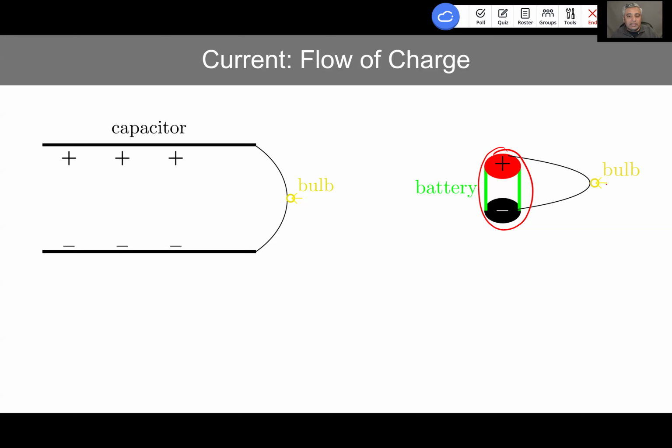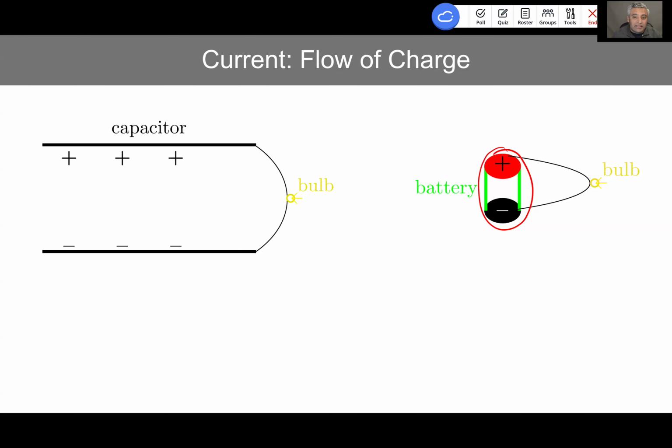So that means in that case, charges are moving, charges that are free to move, especially the electrons, right? In a solid like this, only the electrons can move. So because of that, electrons are moving, and that flow of electrons is the current. Okay, flow of electrons is the current.